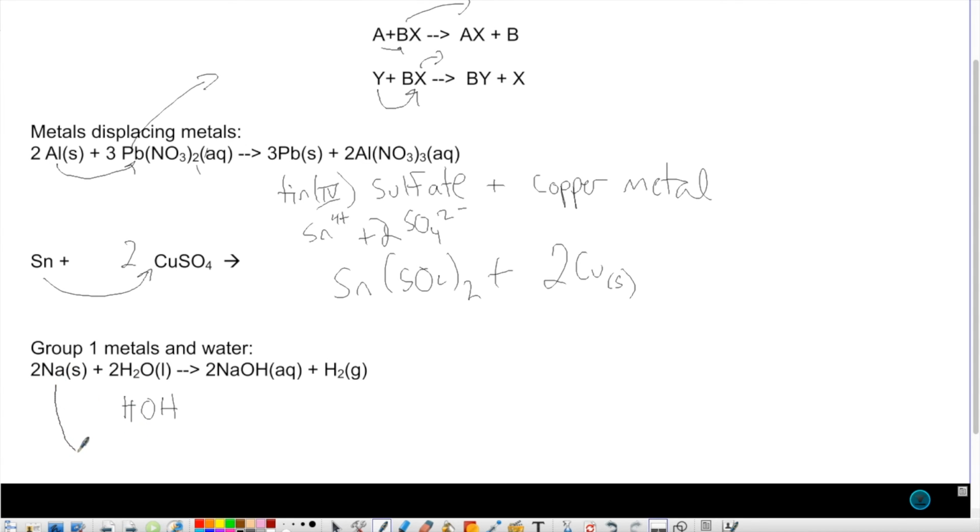Now you can see that sodium comes in here and displaces hydrogen. Okay? Now, I do form hydrogen, okay? Hydrogen, H2, and then my other compound is going to be sodium, and then what's left over? The hydroxide ion, sodium hydroxide. Okay? So group 1 metals and water will make metal hydroxides plus hydrogen gas.